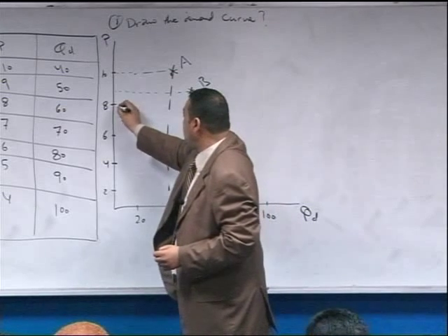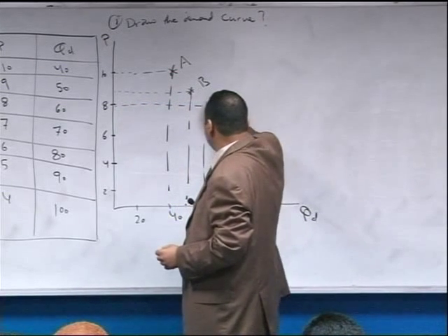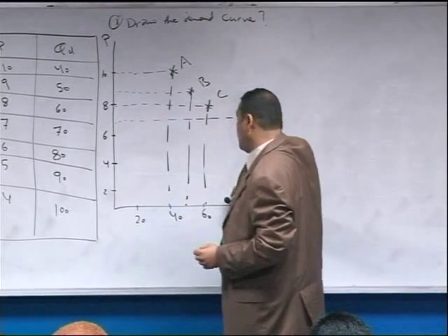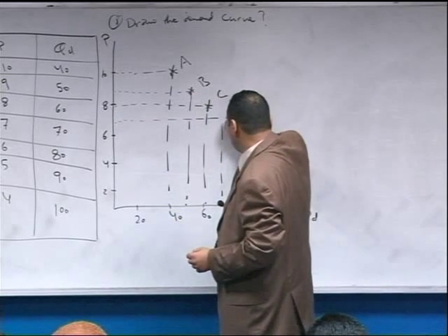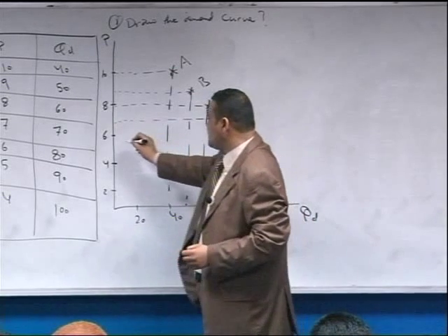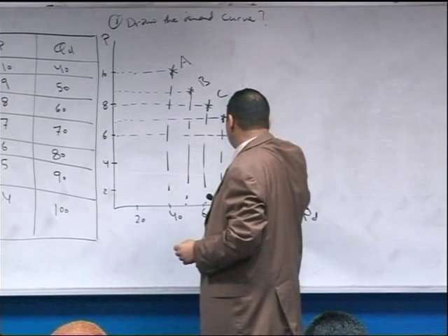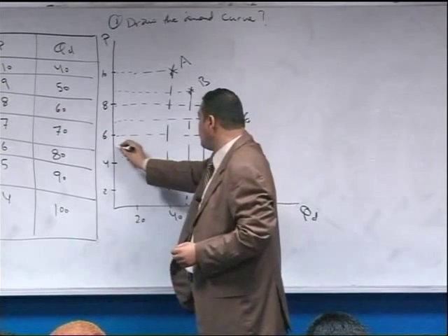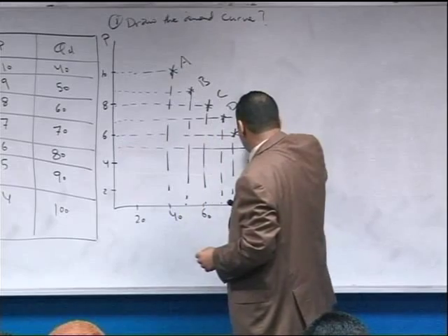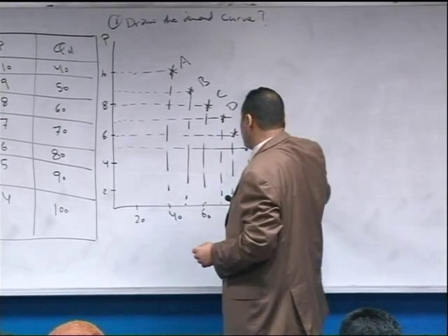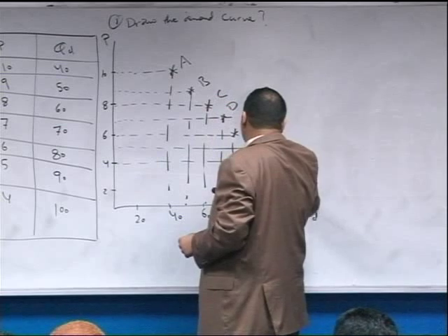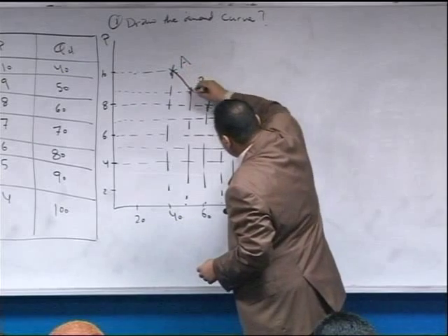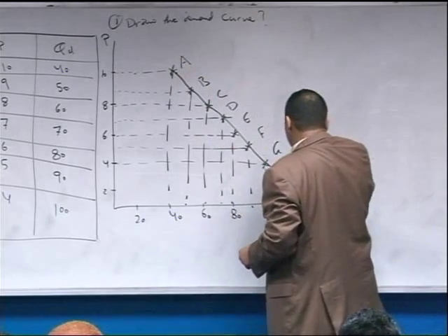C, 8 and 60. 7 and 70. D, 6 and 80. 5, 90, and the last point, 4 and 100. This is the demand curve, E, F, G.